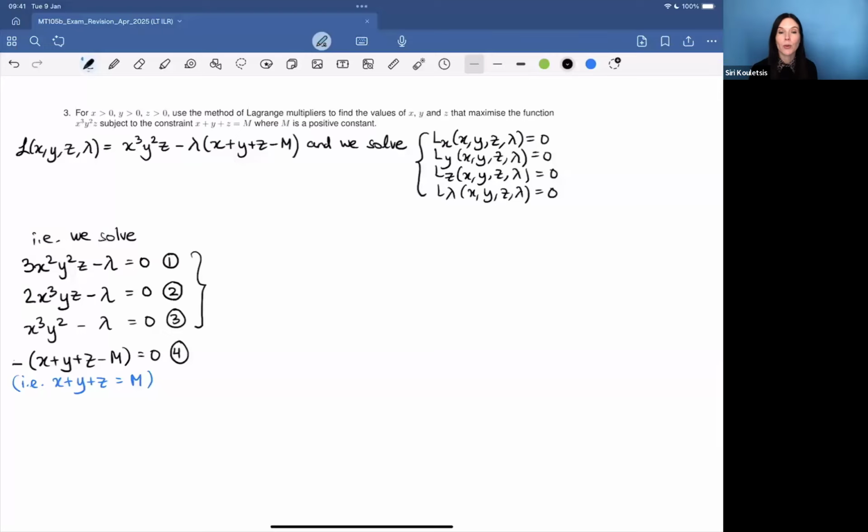And now we would like to eliminate lambda from equations 1, 2, and 3.